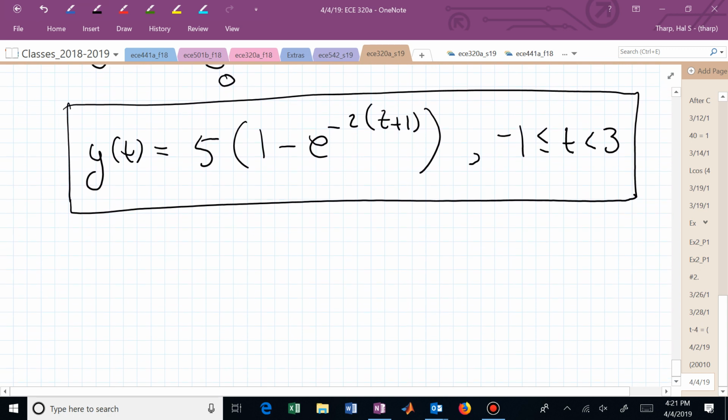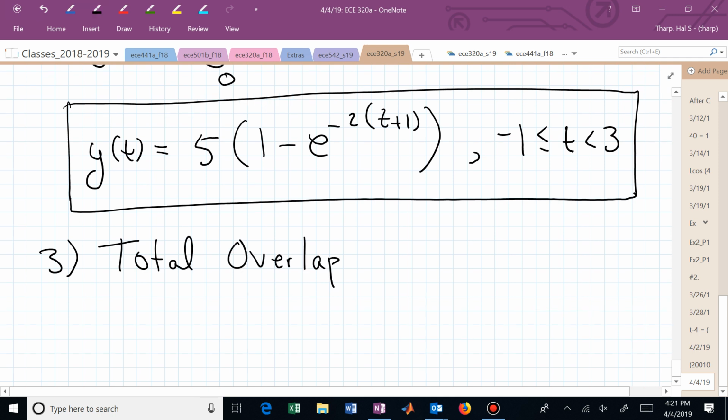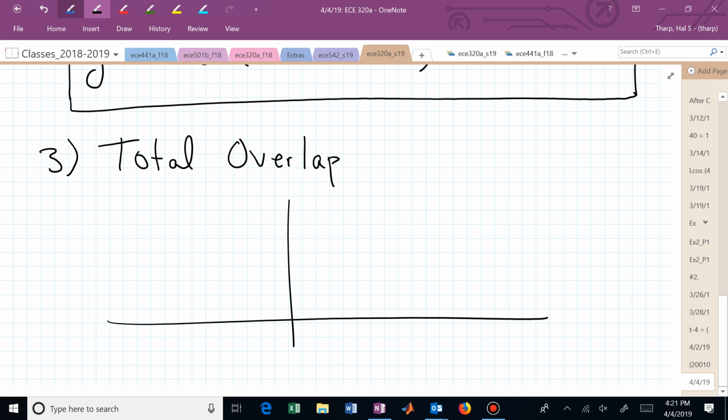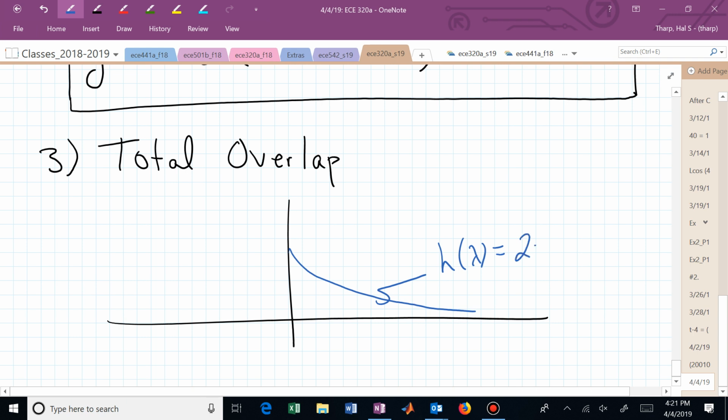In this particular problem, we actually have a total overlap piece. Here's h. And so this is now h.